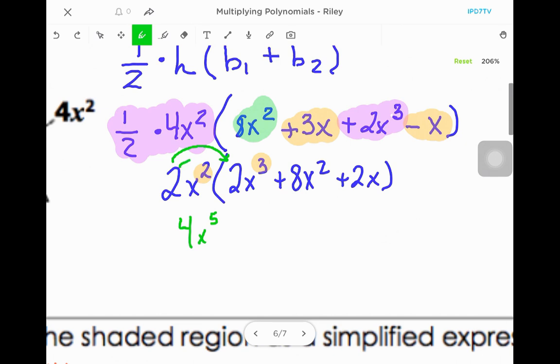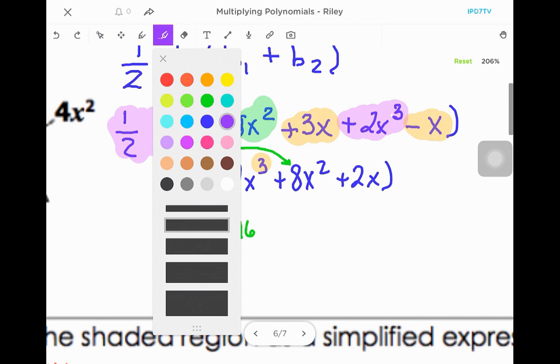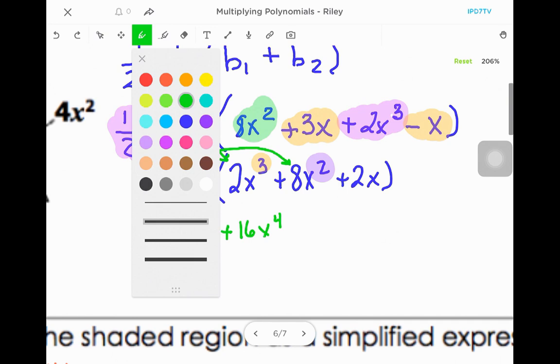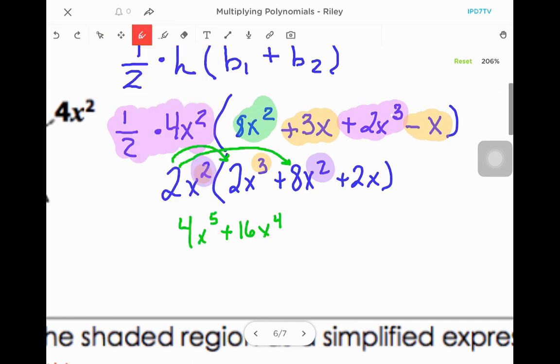So now I can do 2 times 8. Well, that's 16. And now I'm going to add. Let's do purple. So I'm going to do 2 plus 2. Well, that's 4. So x to the 4th power.